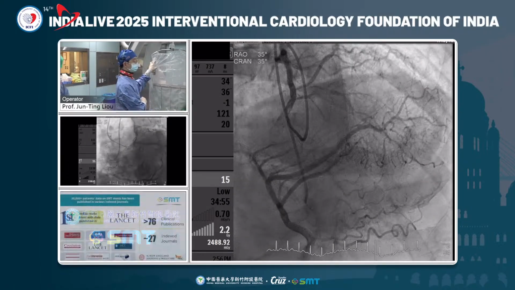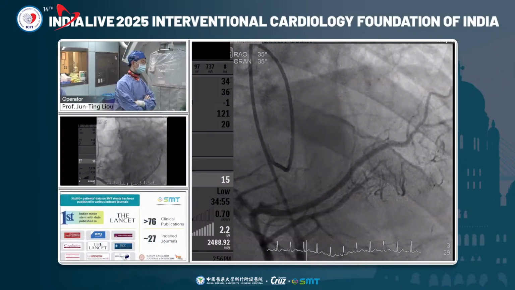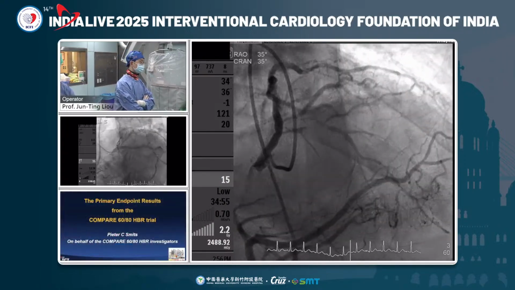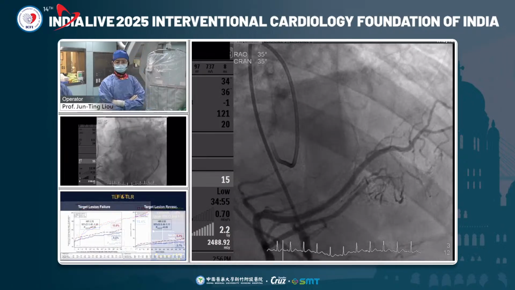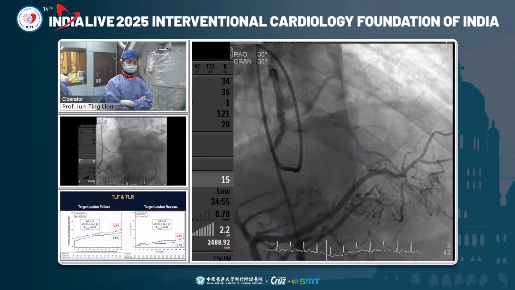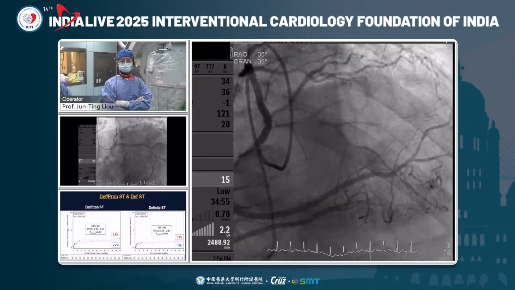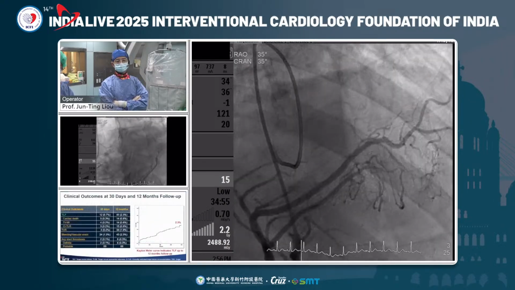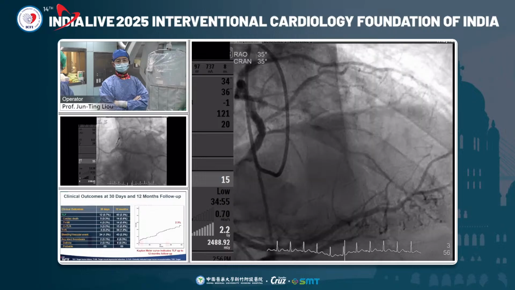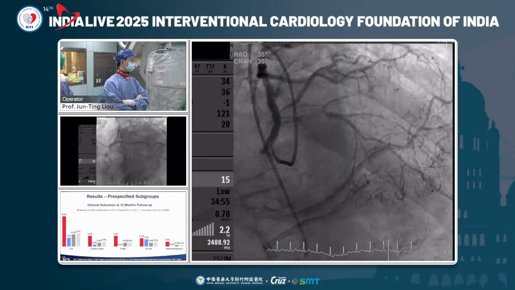Yes, right, and possibly there is one branch coming out in between the lesion. There is one diagonal branch coming within the CTO segment. Is that right? Yes. And there is hardly any calcification there, or maybe minimal calcification.